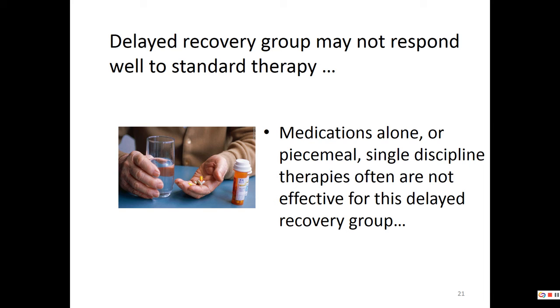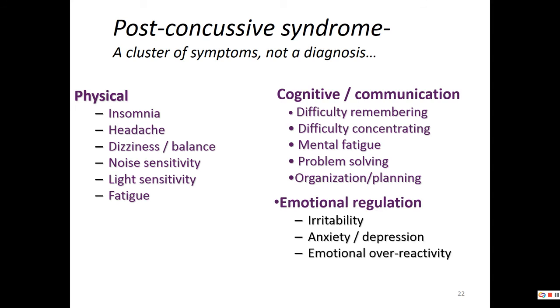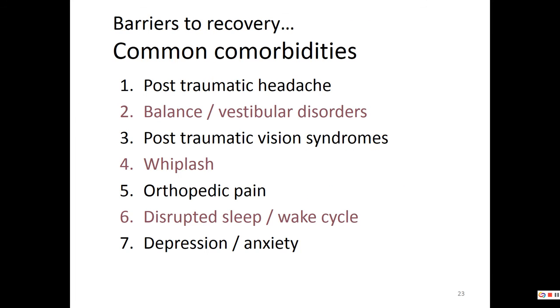And so what we've found is that piecemeal approach just does not work for the adult population or that individual that's having prolonged symptoms. So we need to come at it much differently. And I'm not going to go through this because this will go into the next with the symptoms of persistent post-concussive symptoms.